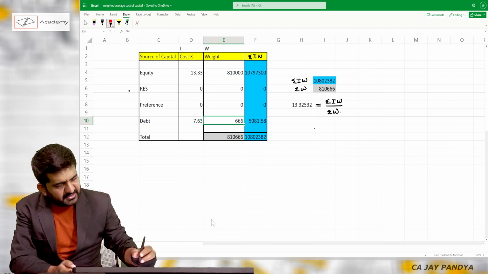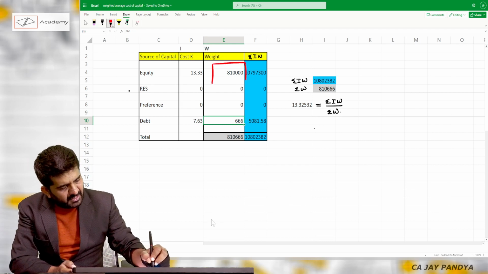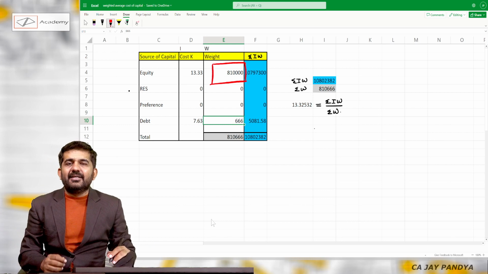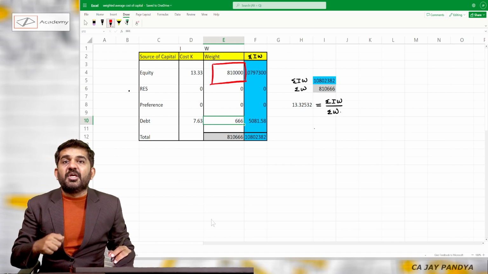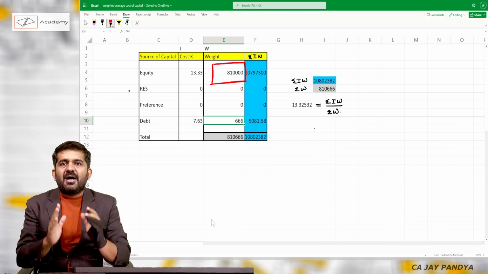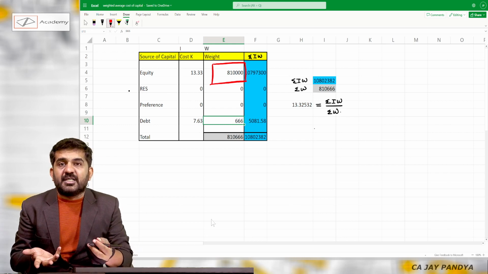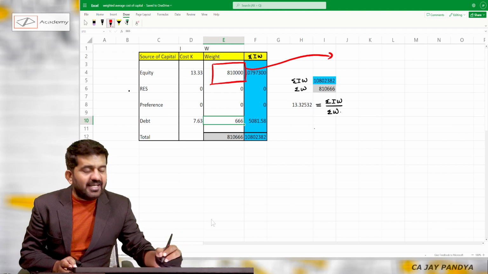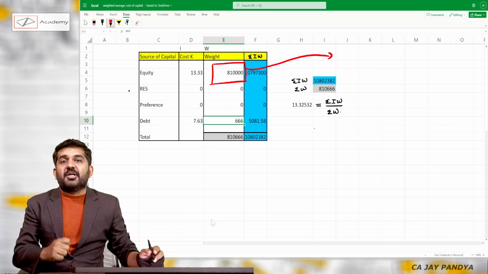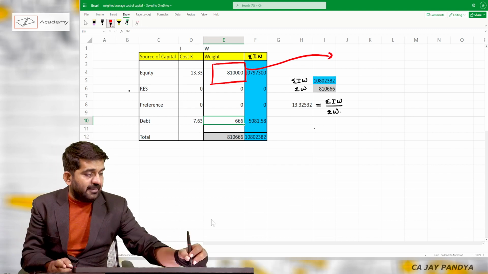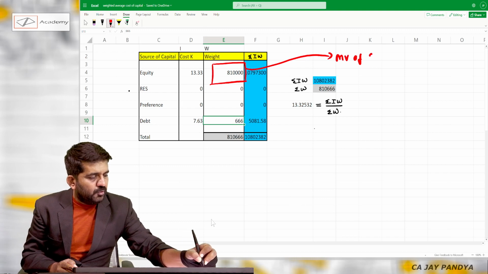The question is, sir, why am I not taking the market value of reserves? Please try to understand. The market value of equity, reserves belong to equity shareholders. So the market value of equity discounts the portion of reserves and surplus. So 8,10,000 is not the market value of only equity share capital. It is the market value of equity plus reserves.